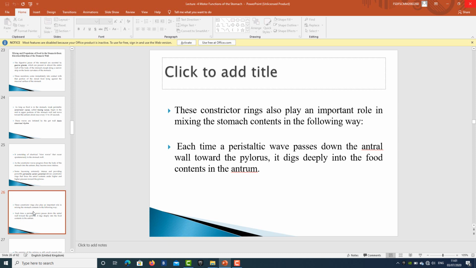These constrictor rings also play an important role in mixing the stomach contents as follows. Each time a peristaltic wave passes down the antral wall towards the pylorus, it digs deeply into the food contents in the antrum.